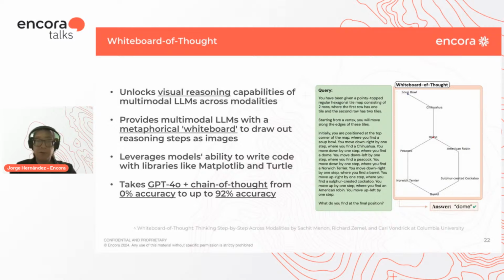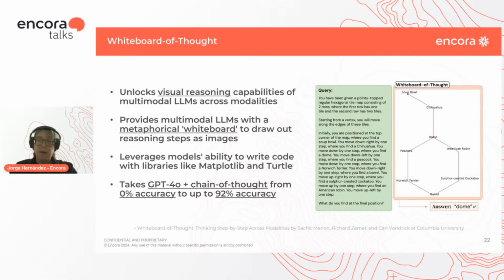And in each node, there's something, there's a thing, and at the end, they ask the model, what's there at the end of your path. And if you ask the models those kinds of questions, they do really badly. Like there are some for which, say, GPT-4 with chain of thought, it gets absolute zero. Just cannot do it.